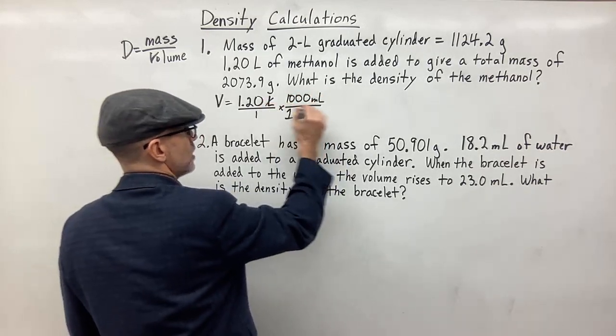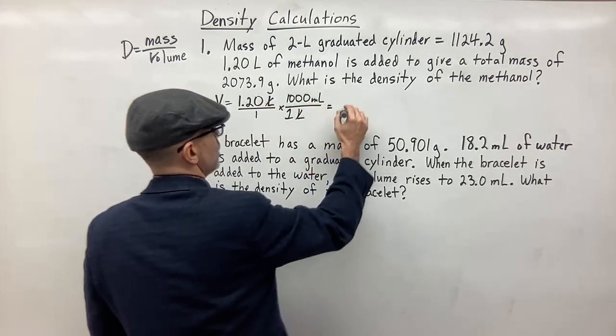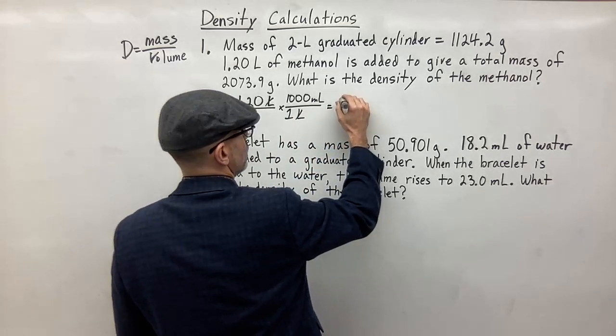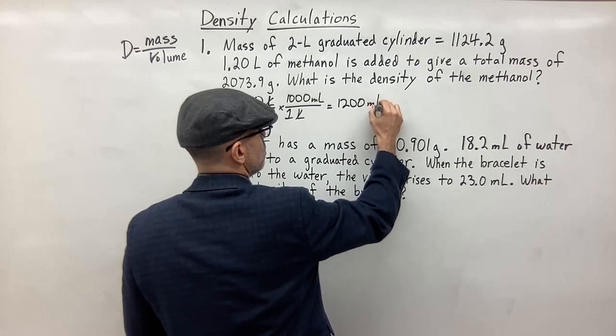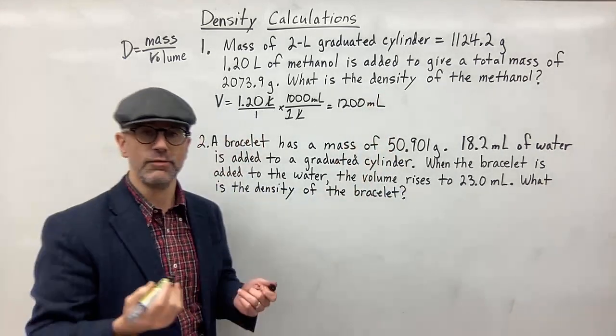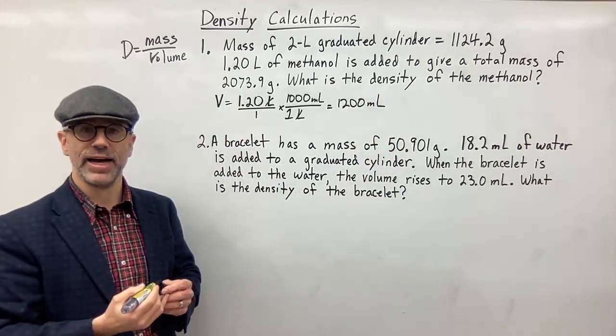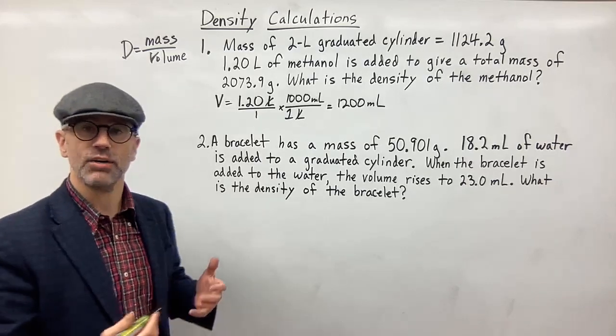The liters cancel out, and this becomes 1,200. So we have 1,200 milliliters of methanol. So we got the volume. Now we just need to find the mass of the methanol.